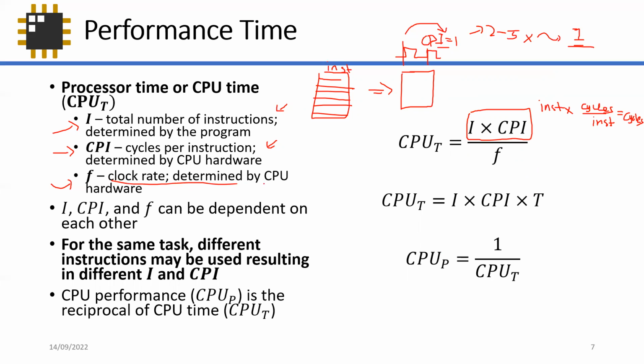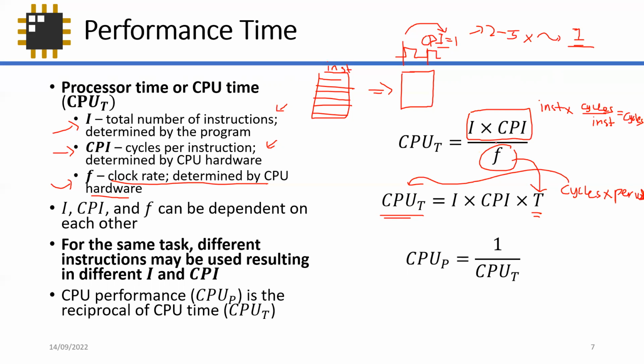The clock rate determined by the CPU hardware, that's the F over here, or we know it from previously as the clock period T, right? So if you multiply the cycles by the period, you get the total execution time, or rather the CPU time. Okay, the total CPU time.